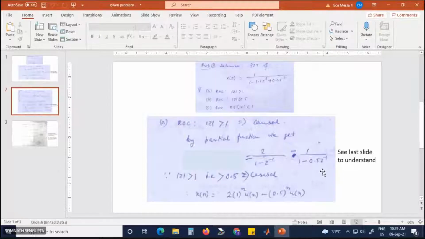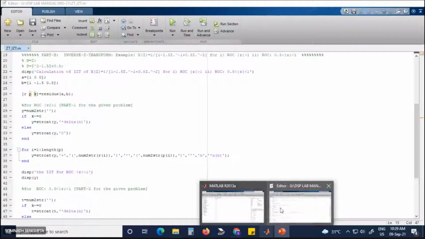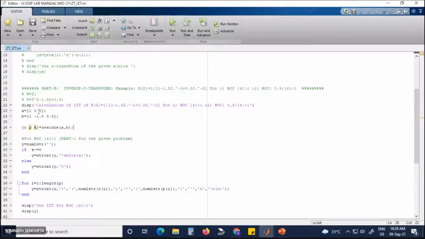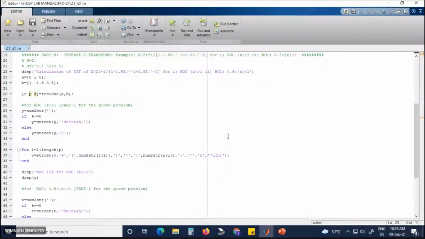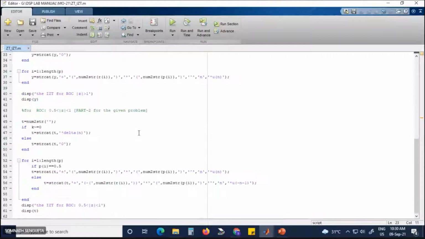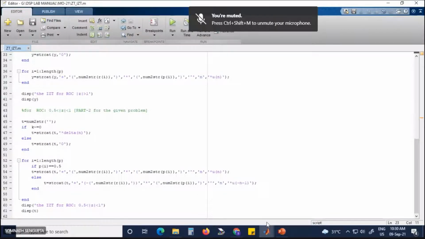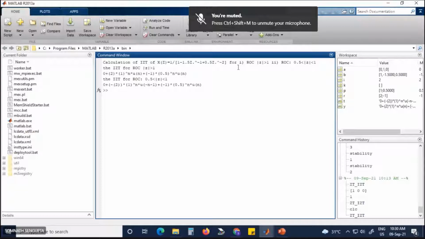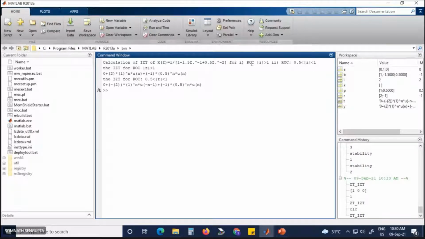So if you run the MATLAB program for this, keeping 0, 1, 0, now I'm running that program, and the output is this one. For case 1, our ROC is mod z greater than 1.